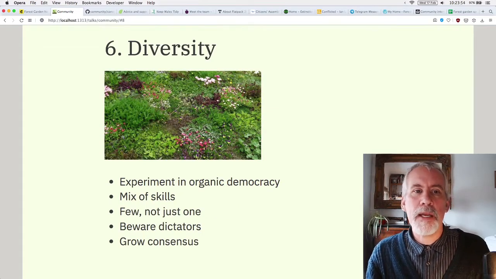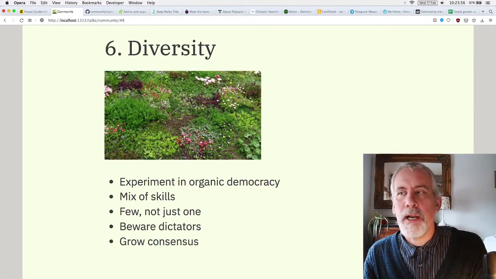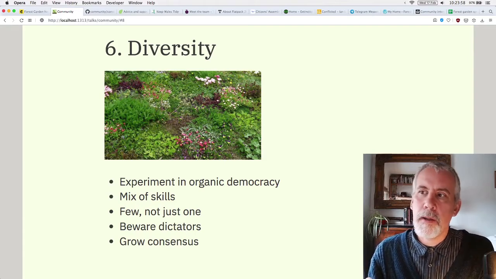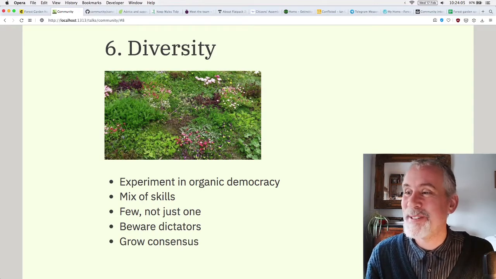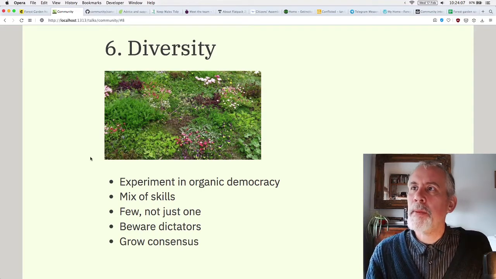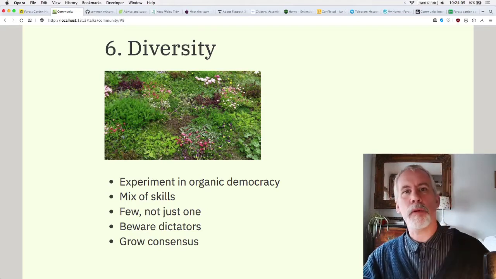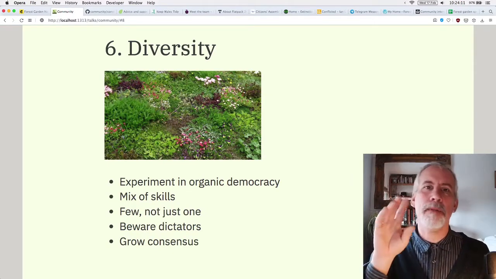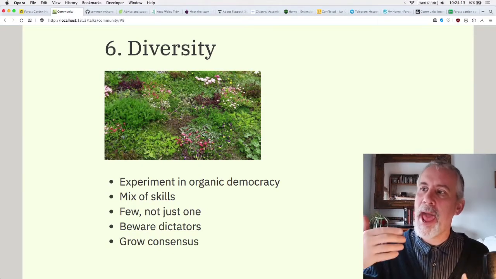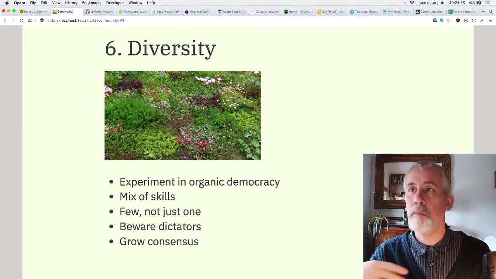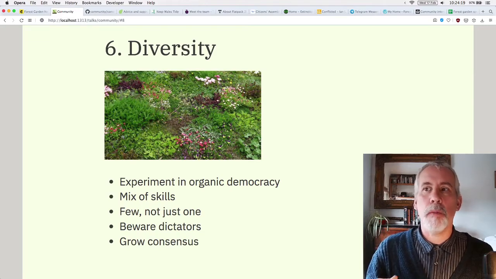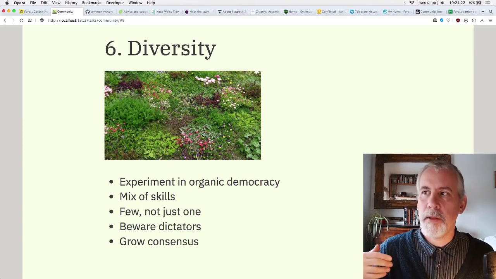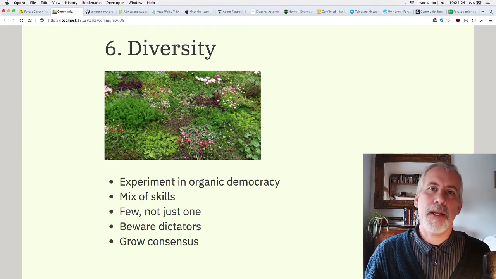And for me, this is really an experiment in local democracy. So I'm quite excited about this to see what happens. And do remember that it's about a diversity of skills. One person will be good at giving it all the chat and organising and filling in the forms and building the website and all the rest of it, and another person will be good at the planting and the setting up and the digging.